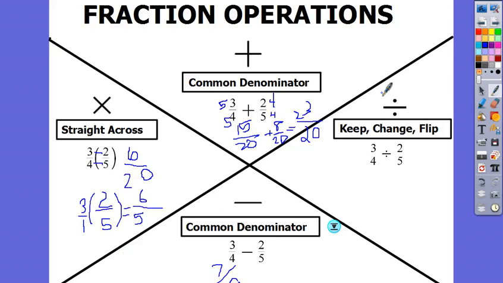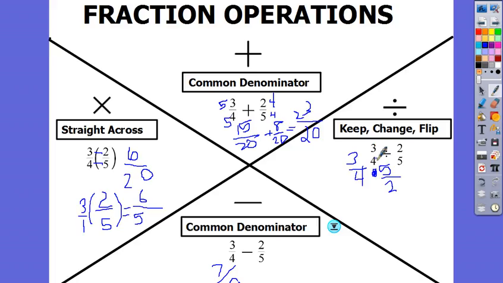For division, we are going to keep change flip or same change flip, as you might have heard it. We are going to change it to multiplication. So the first fraction stays the same, so that would stay 3 over 4. It would change to multiplication, and we would flip the second fraction to become 5 over 2.